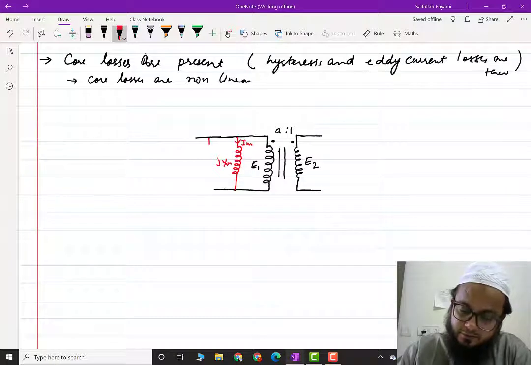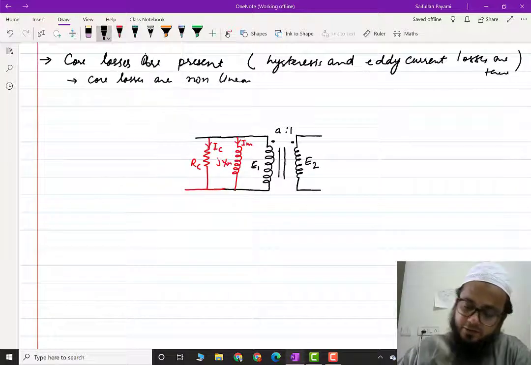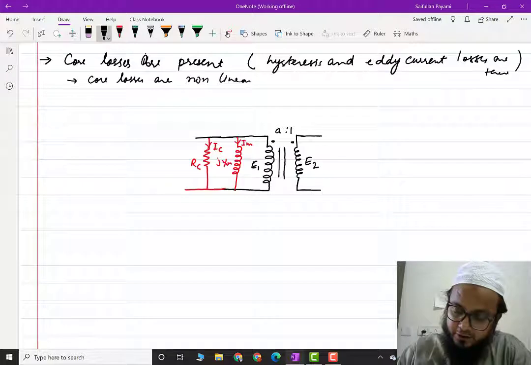So we will connect one resistance here. This is RC and this will draw current IC. If I redraw it, it would look somewhat like this.